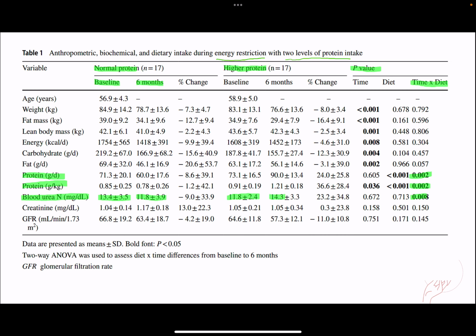But we actually see an increase in the higher protein diet, which makes sense because we're consuming more protein. But if we look at things like changes in weight, no difference between groups over time. And in fact, no difference between groups overall.